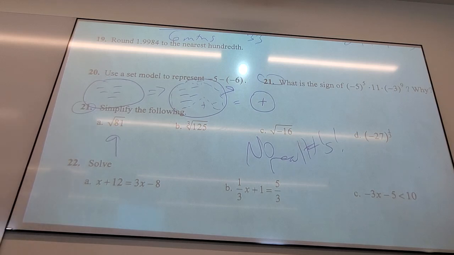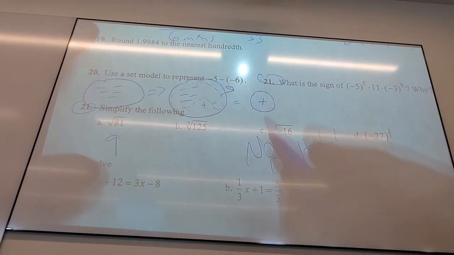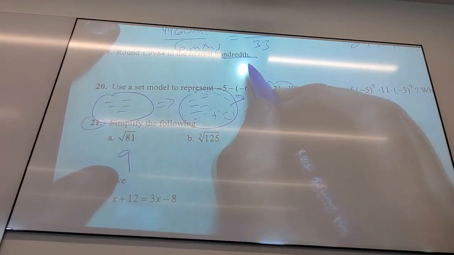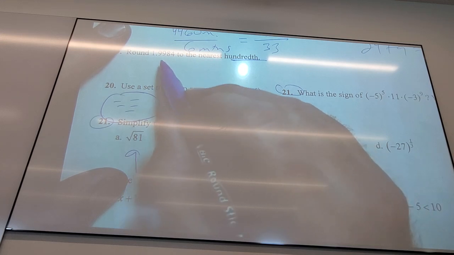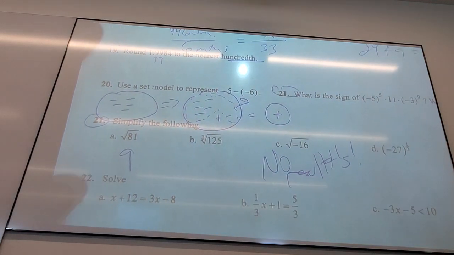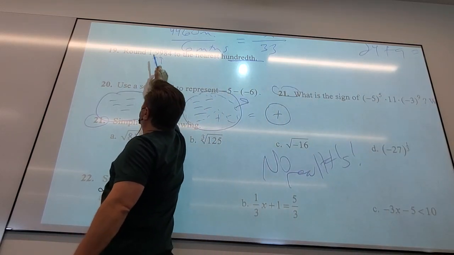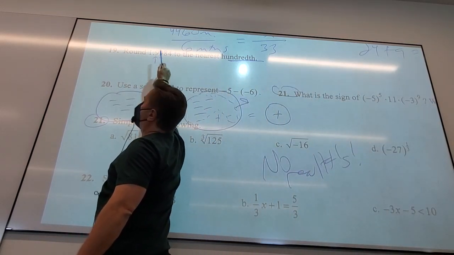199. So which number is in the hundreds place? This is in the tens place. This is the hundreds place. So, am I going to round to 199 or am I going to round to 200?